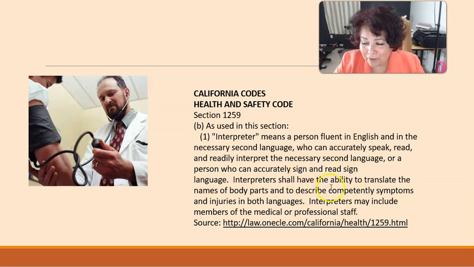And then you should have the ability, your skills, to translate names of body parts. You're going to be dealing with medical glossaries, where they go over body parts in Spanish and English, and to describe competently, in an efficient way, symptoms and injuries in both languages.